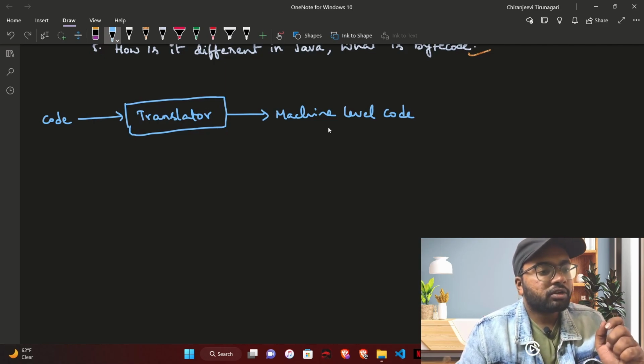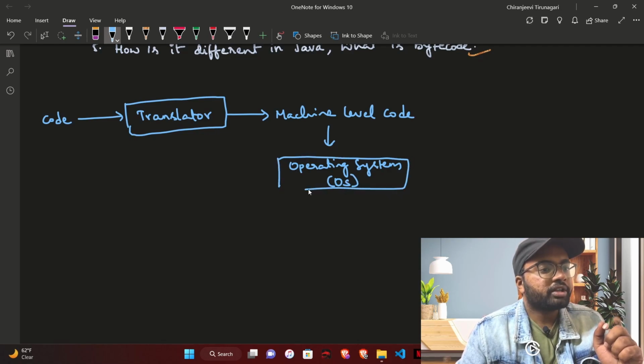This machine level code is fed to the operating system or OS. This operating system's job is to execute this machine level code line by line to finish execution.